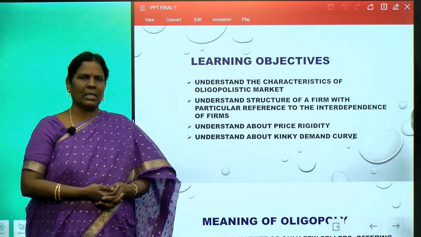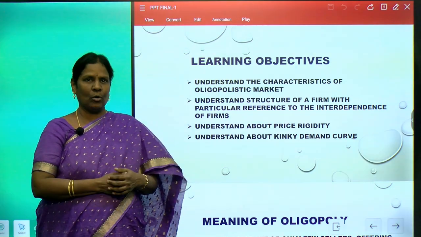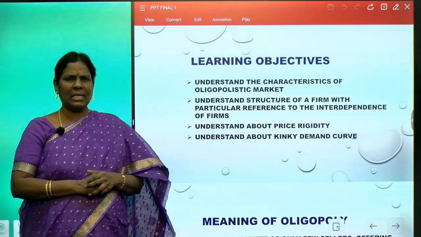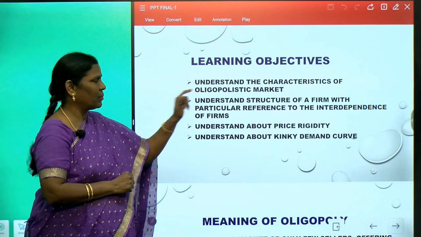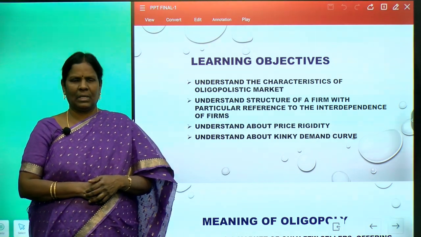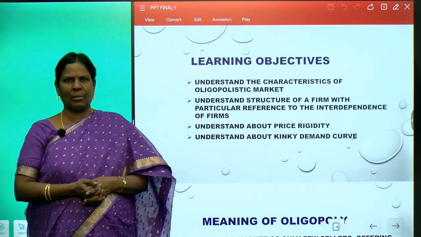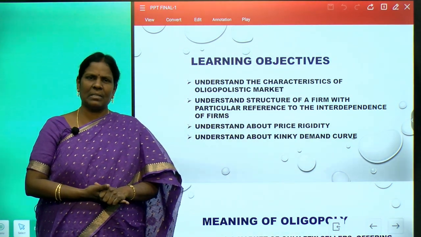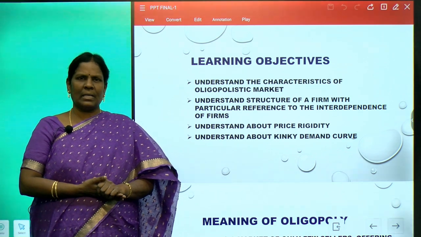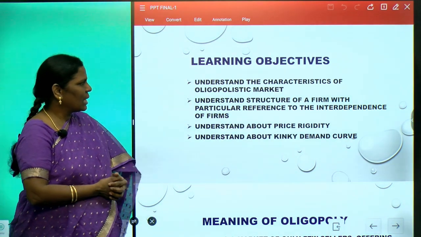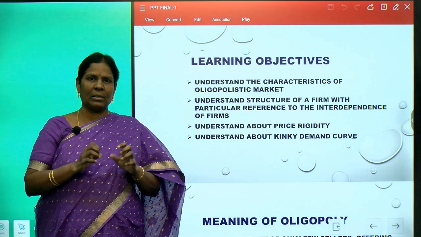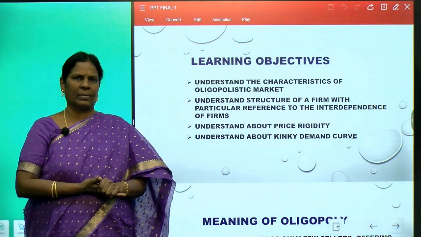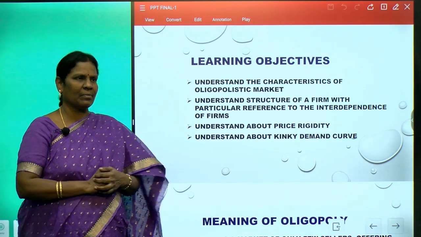Before going to the kinky demand concept under oligopoly in microeconomics, first of all we have to learn the learning objectives of the kinky demand curve. Understand the characteristic features of oligopoly, and secondly, understand the structure of a firm, particularly the interrelationship between one firm and another firm, that is, the interdependence of the firms.